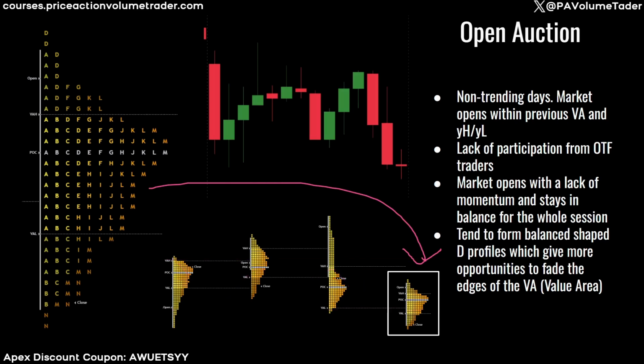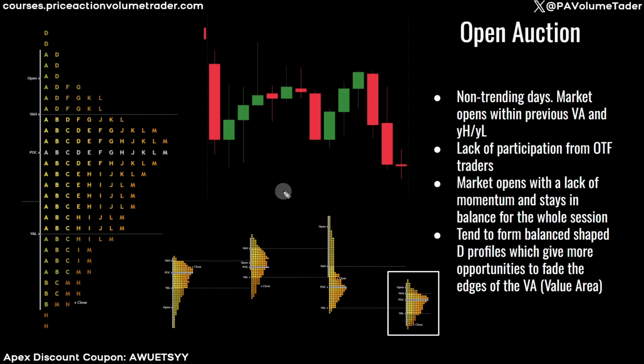And so unless there is high conviction and participation from other time frame traders to push this market lower or higher, we're going to tend to just spend the day mostly balancing and bouncing between the edges of the value areas, as we can see right here.